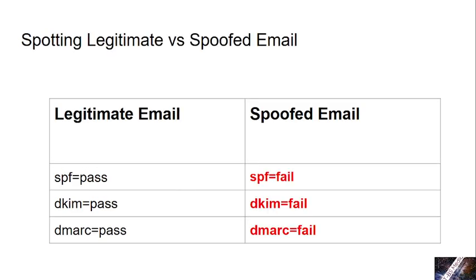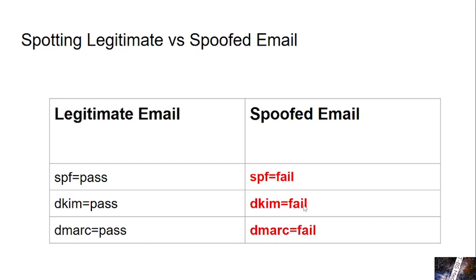So let's compare the results that you should see in a legitimate email header and the spoofed email header. In a legitimate email header, your SPF will pass, your DKIM will pass, and your DMARC will pass. But for spoofed, you have SPF fail, DKIM fail, DMARC fail.